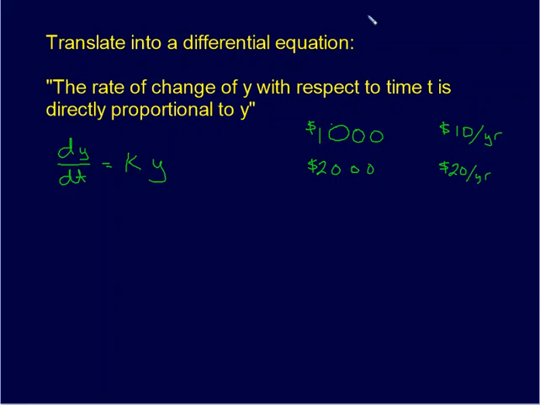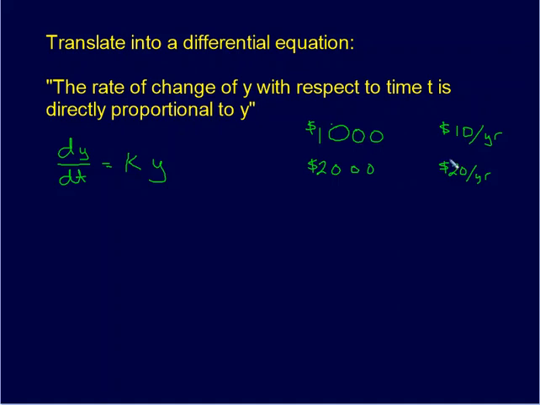So over here we have the quantity that you have, the dollar amount in your bank account, and over here we have the rate at which it grew in dollars per year. And so here's showing that the rate of change is proportional to the quantity, because if I double the quantity from $1,000 to $2,000, that also doubles the rate of growth as far as dollars per year goes.